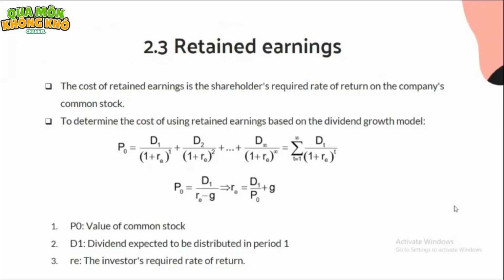Next is about the retained earnings. As you studied, the cost of retained earnings is the shareholder required rate of return on the company common stock, and it determines the cost of using based on the dividend growth model, in which P0 is the value of common stock, D1 is the dividend expected to be distributed in period 1, and R is the investor required rate of return.